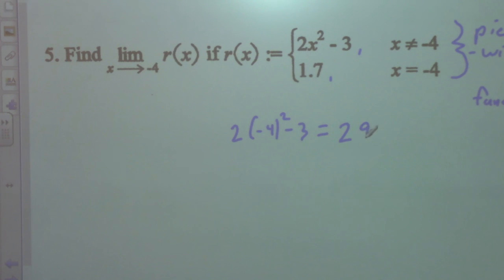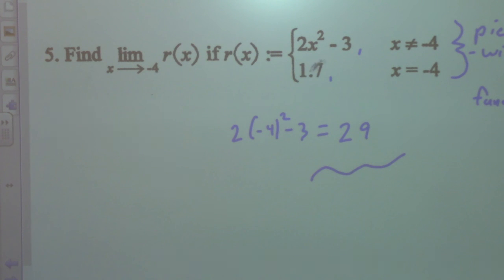And that's a PEMDAS problem, right? We talked about PEMDAS at the beginning of class. So 29 it is. What is the limit of this thing? Our answer is 29.